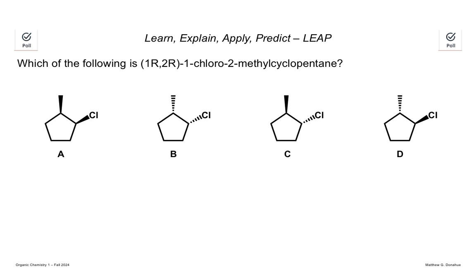So let's start with this. Chlorine is at the 1 position, and the 1 position has to be R. So let's assign priority here. Chlorine is going to get 1, hydrogen's 4. Now you have these 2 carbons. The top one is differentiated because of this extra methyl, so that's going to get priority.